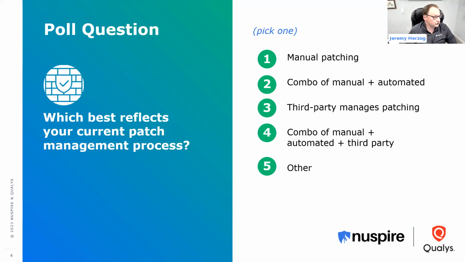Awesome. It seems like a combo floats up to the top in both circumstances. So we have the manual and the automated, and then a combo of manual, automated, and third party. That's in line with what we see a lot of times from the service provider end of things. With some applications, it's very simple and easy to get that automated strategy. With some third-party applications, it's not as easy.